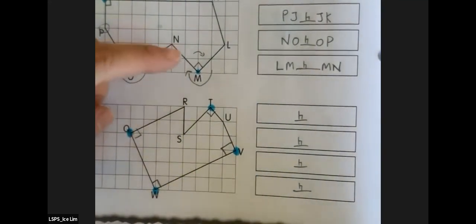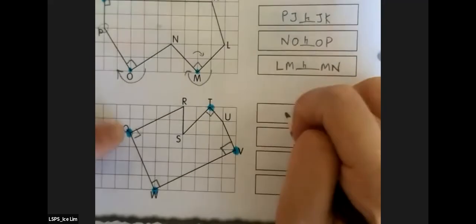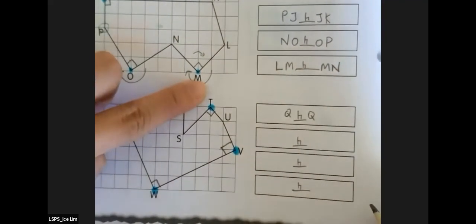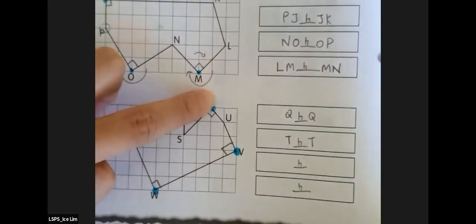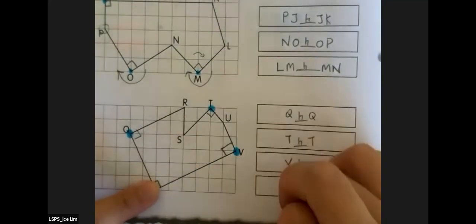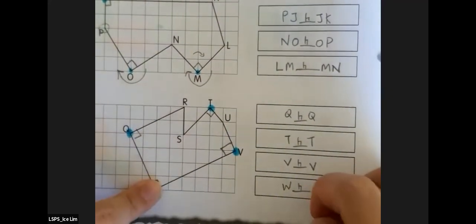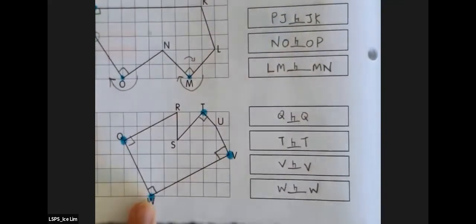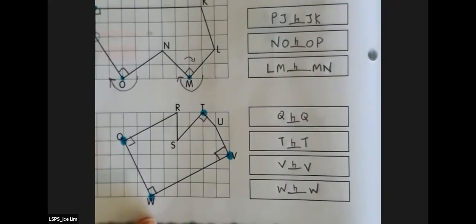So if I go by Q, so something Q to Q something. Something T to T something. Something V to V something. Something W to W something. So I'm writing down the points where the angles are formed. Okay?